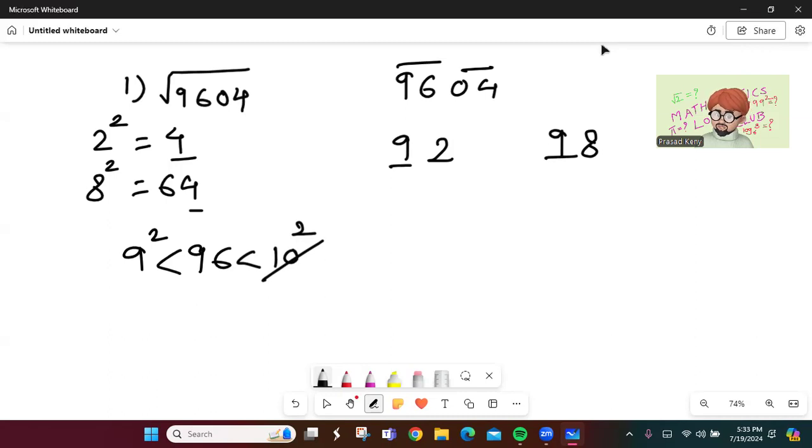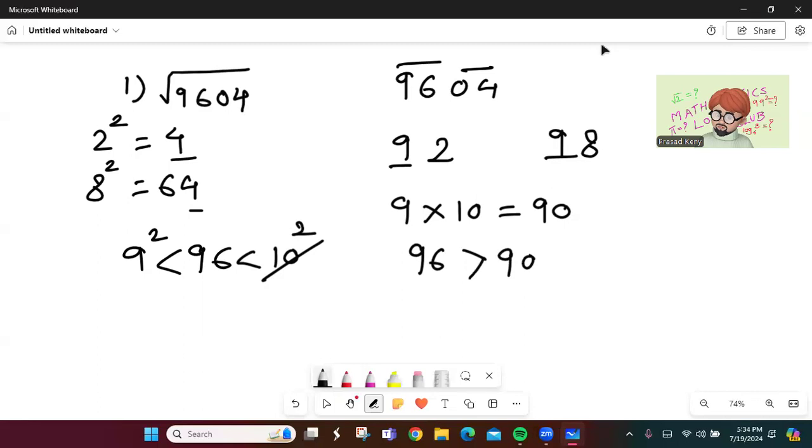Now I have to select the proper one out of this. So what I will do is, I will multiply 9 with 10. 9 tens are 90. And I will compare the second partition number with this product. Now 96, that is second partition number, it's greater than 90.